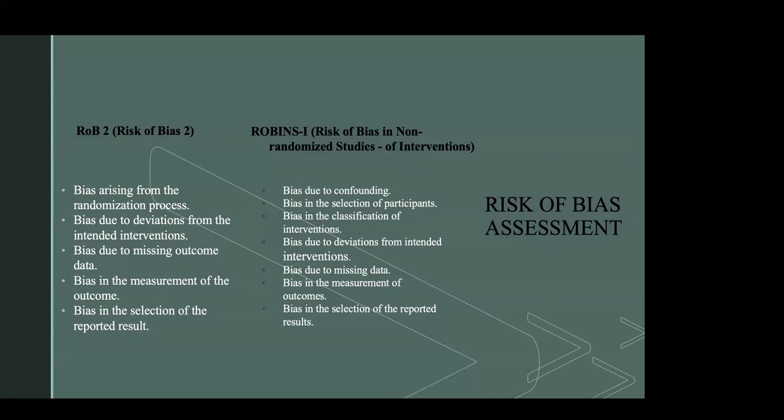They cover bias arising from the randomization process, bias due to the intended intervention, missing outcome data, measurement of the outcome, and selection of the reported result. In addition, ROBINS-I includes bias due to confounding factors and bias in the selection of participants.